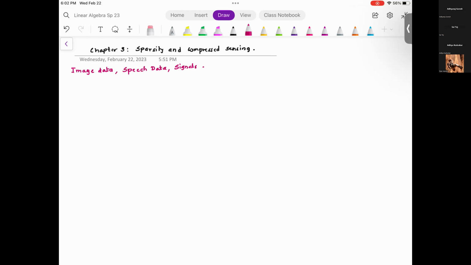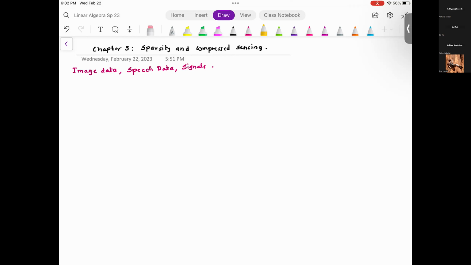What that means is there are a lot of zeros, or there are some parts of that data set which are very close to zero. So for practical purposes, we can represent this data in a very compact notation.